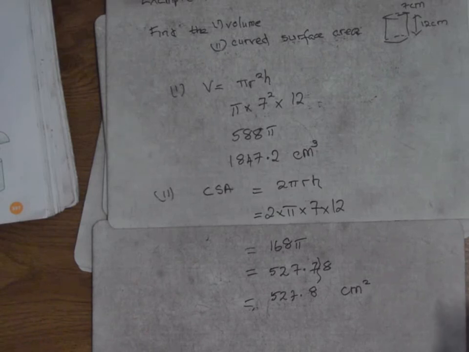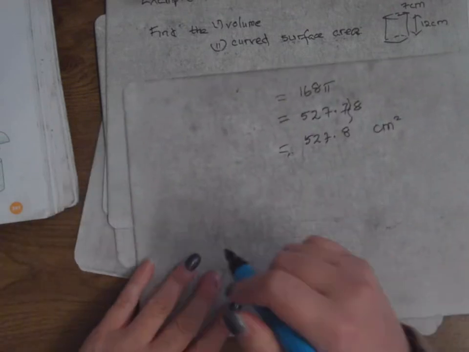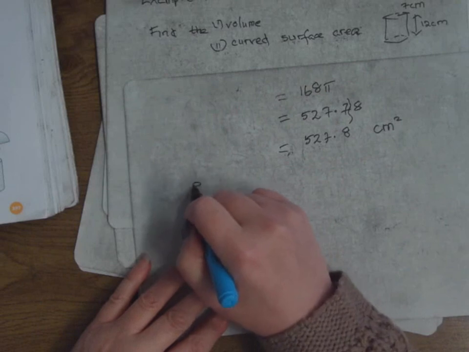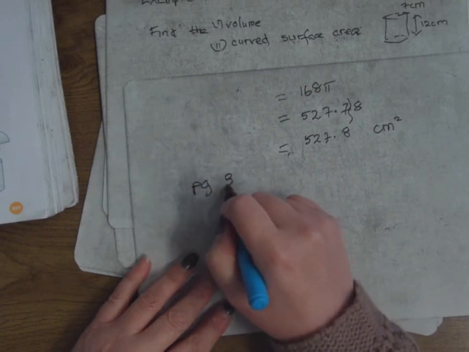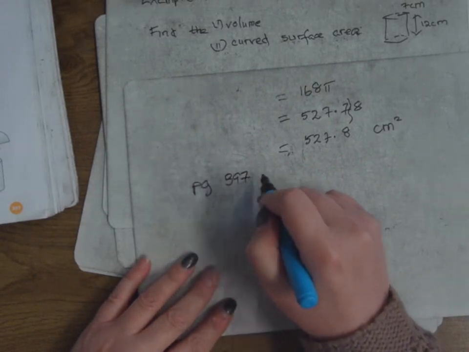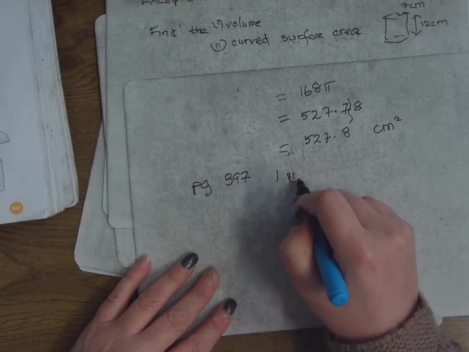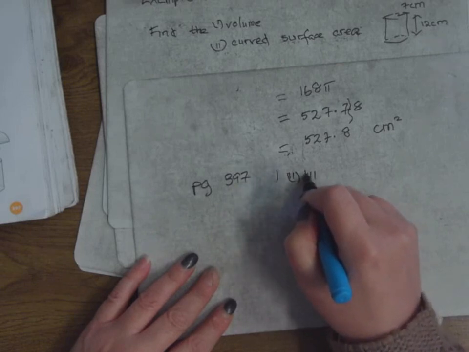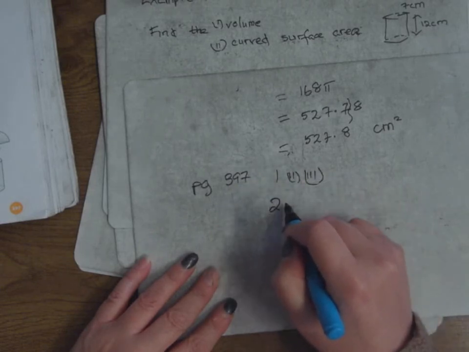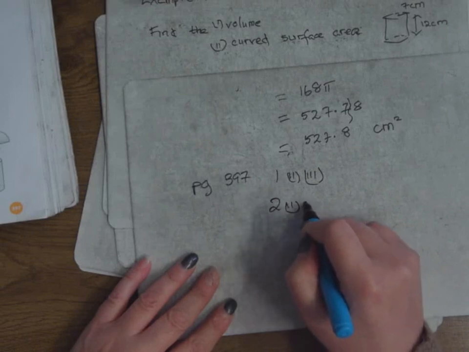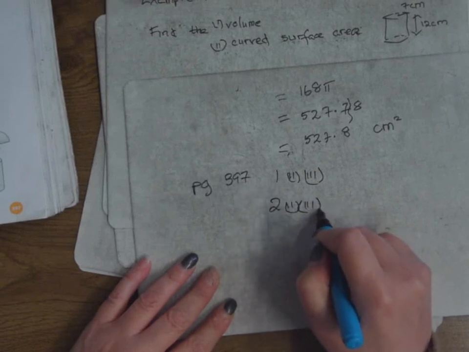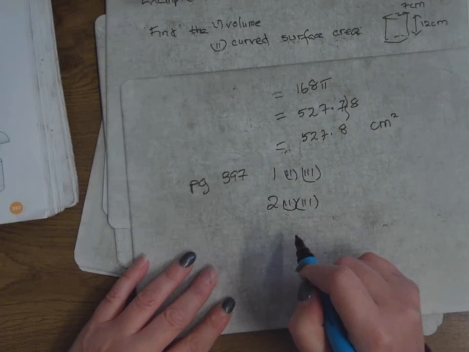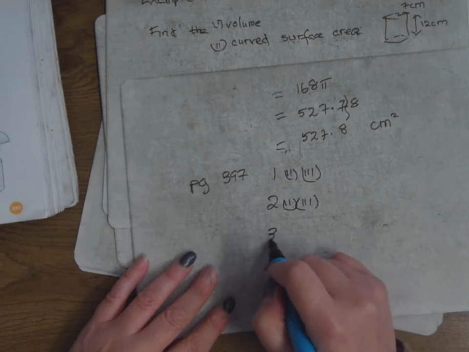Right, you think we'll be able to do a few of these? Right, okay. So between now and tomorrow, you're going to do page 397. Question 1, parts 2 and 3. Question 2, parts 2 and 3. And you can do 3.